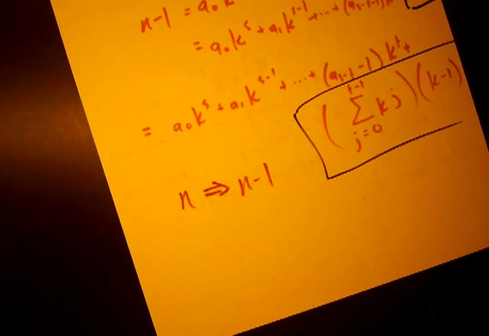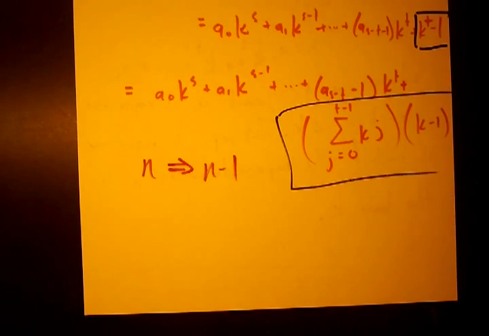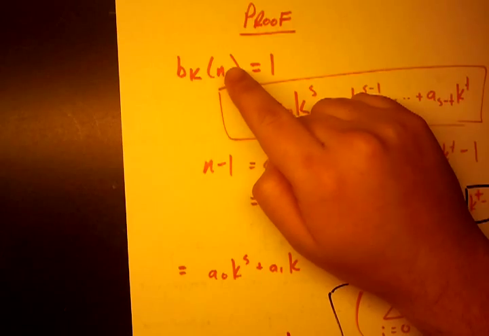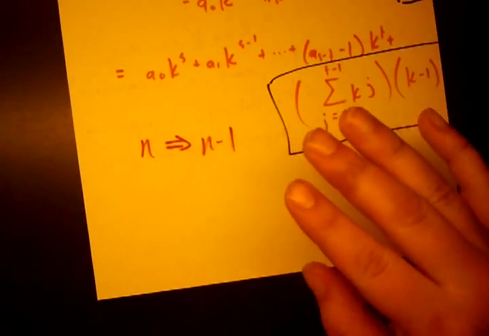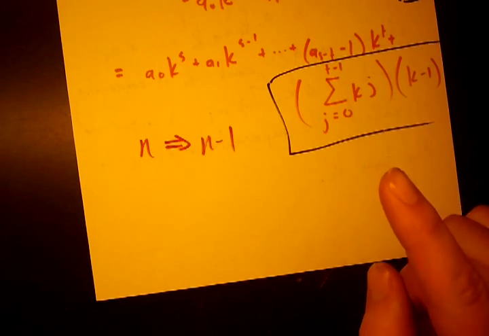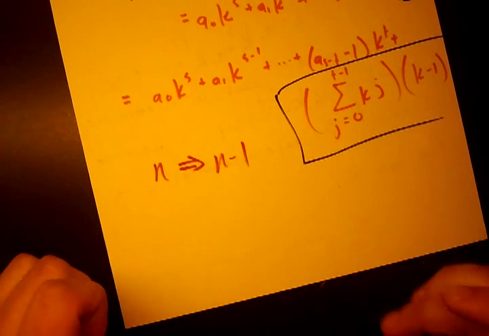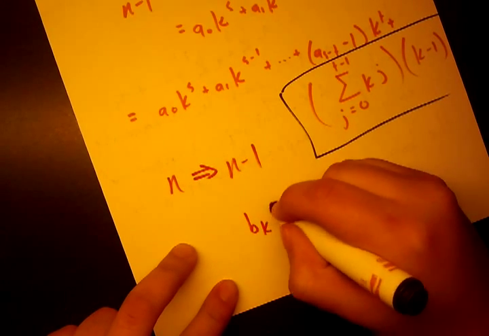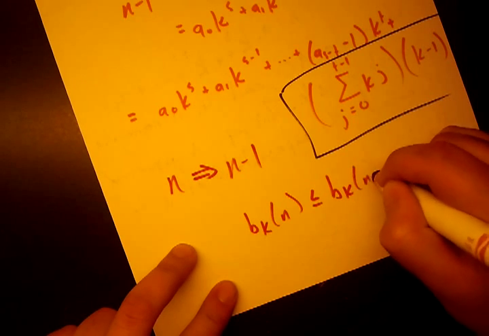minus 1. And we've also proven that for each new representation, like let's say b sub k of n is some number like 2, let's say there's another representation, then that's going to yield a new representation of n minus 1. And that's enough to establish our inequality that b sub k of n is less than or equal to b sub k of n minus 1.